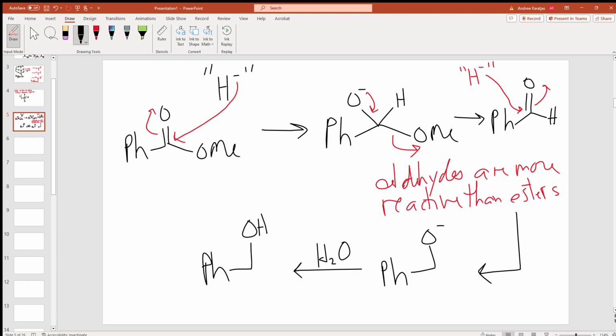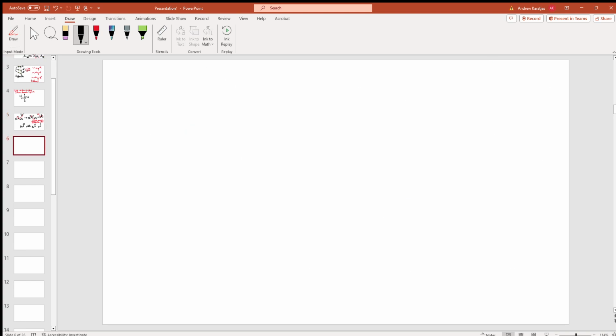So the result here, if you take pretty much any ester and have it react with LAH, you're going to get two reductions. You're going to end up at the alcohol. It doesn't matter how complicated that piece is on the other side of the oxygen, because it's just going to get lost in this reaction.